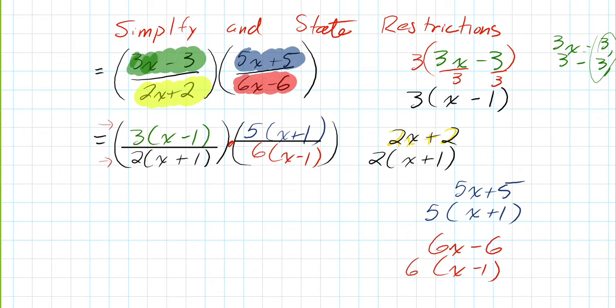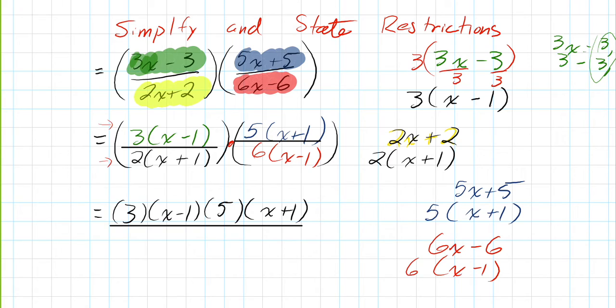What that'll do is help us line up some stuff, and we can do some canceling after. So we're actually going to write this out. I'm going to put a bracket around everything. You don't have to do this, it's a little tedious, but the reason I'm doing it is so you can see how malleable these numbers can be. So I'm going to put 3 in a bracket, x minus 1 in a bracket, 5 in a bracket, and x plus 1 in a bracket.